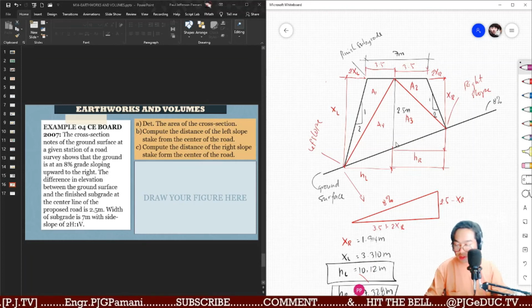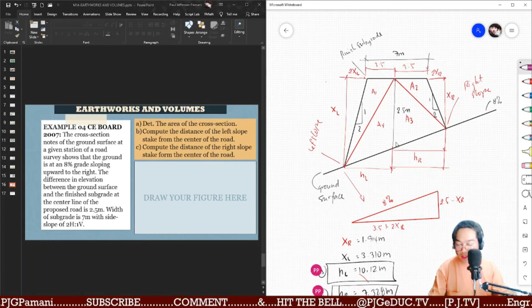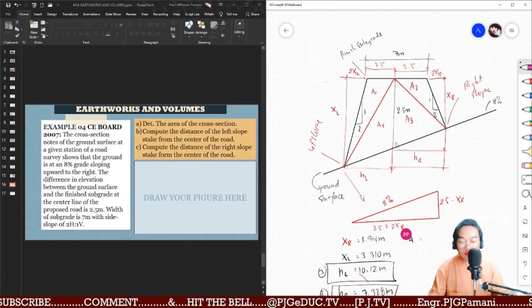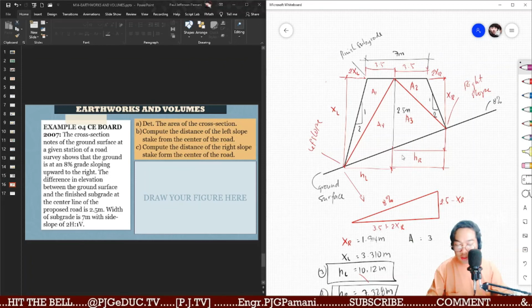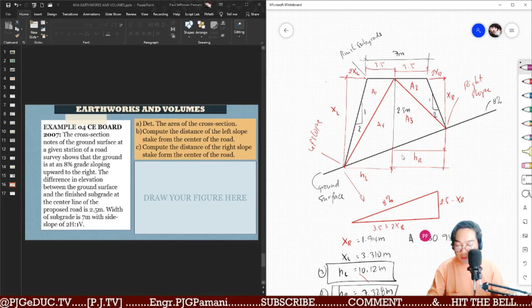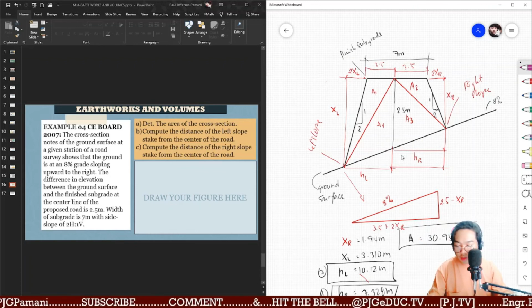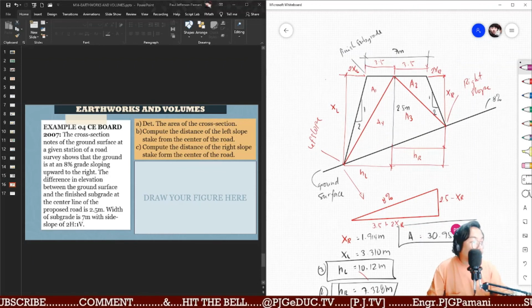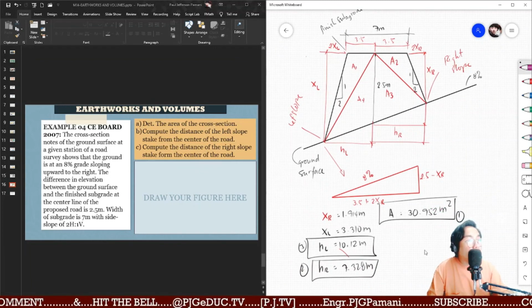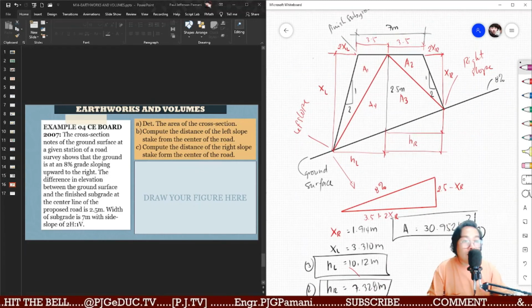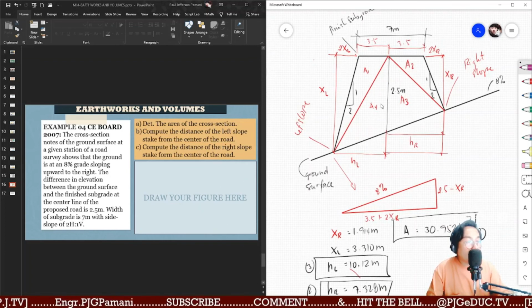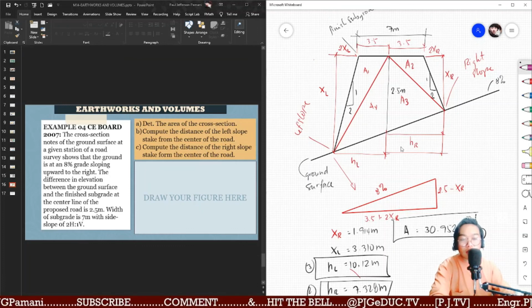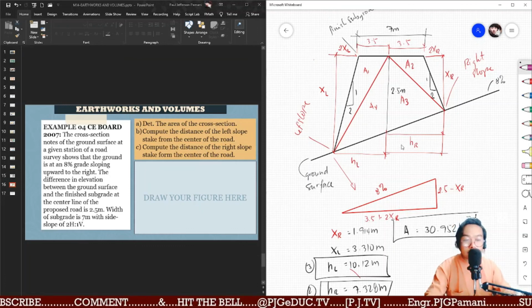Ito yung sa 3. Ito yung sa 2. And lastly, yung ating area using multiple sections, summation nyo lang yan, that is 30.952 square meters for 1. Dapat yan yung mapalabas nyong answer for this problem. Okay? Binigay ko na yung figure. Kaya na mag-solve kung paano nyo gagawin yan. Kayang-kaya nyo na yan. Question?